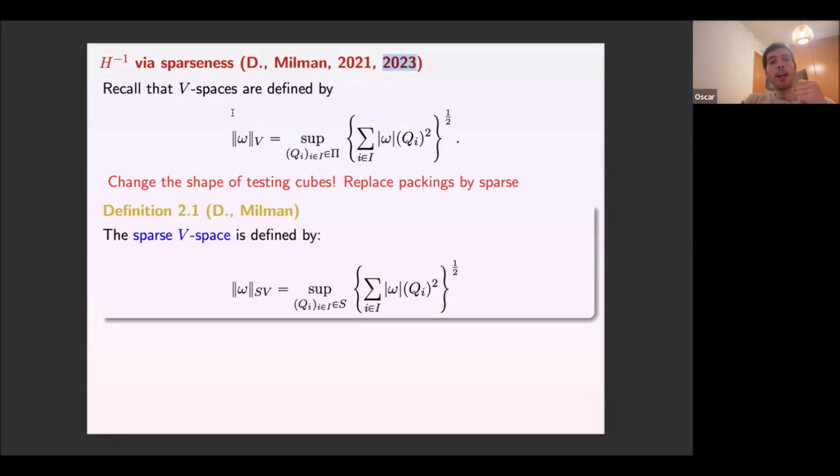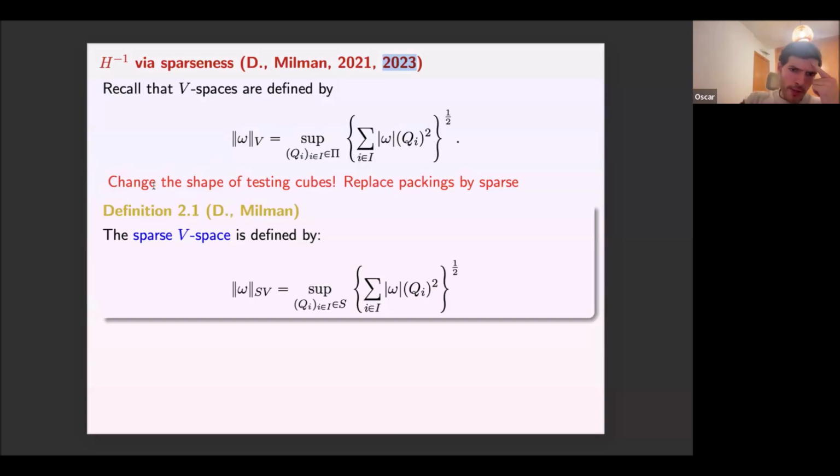Okay, so Mario and I proposed the following idea: H^{-1} via sparseness. So recall the definition of V spaces as considered by Título. So here we have this L2 norm of the total variation of the measures, and no logarithmic regularity is involved.